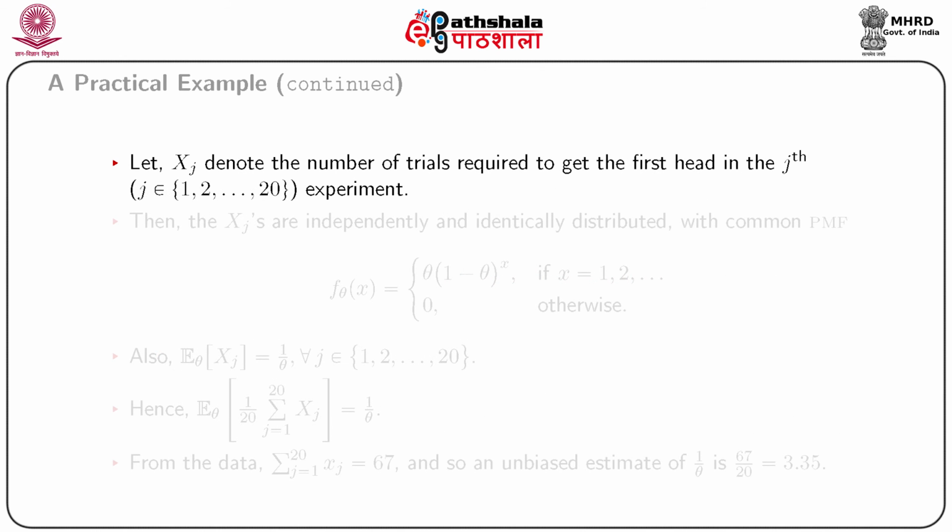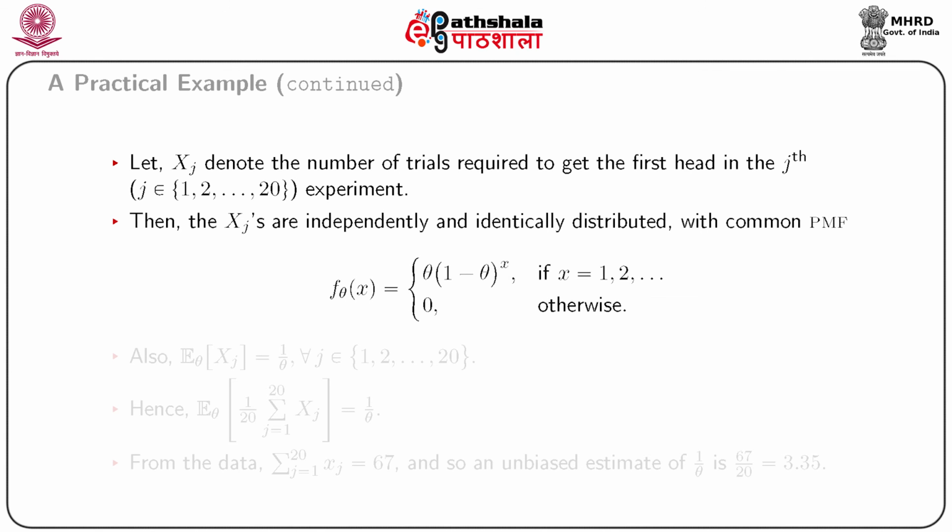Let Xi be the number of tosses required to get the first head in the ith trial, i running from 1 to 20. Then the PMF of Xi is given by f(xi) equals (1 minus theta) to the power xi minus 1 into theta, where xi can take the value 1, 2 up to infinity and 0 less than theta less than 1.